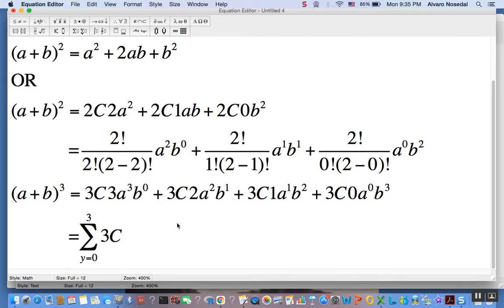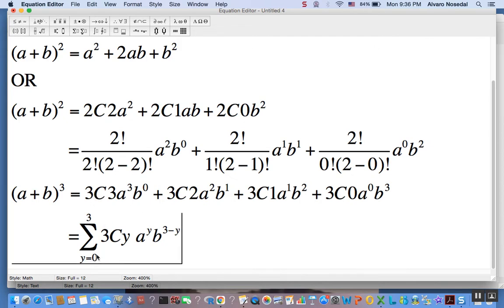So 3 choose y, times a to the power of y, times b to the power of 3 minus y. You guys agree? It's just notation for this.